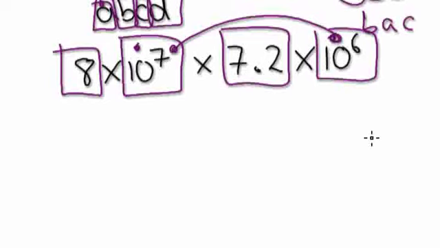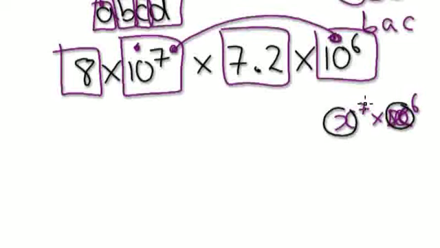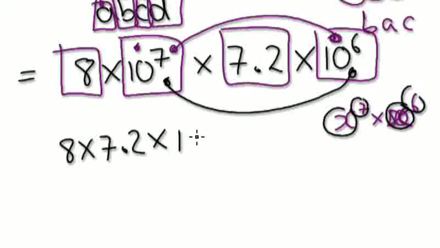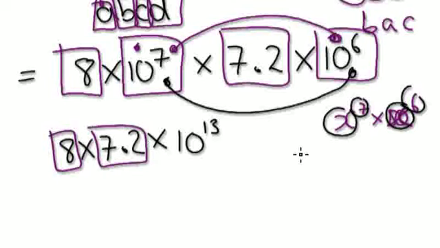Remember when we have x to the power of, let's say, 7, times x to the power of 6. Because the two x's are the same, we can just add the powers. So basically this thing here will be 8 times 7.2, and the tens merged together will be 10 to the power of 13.